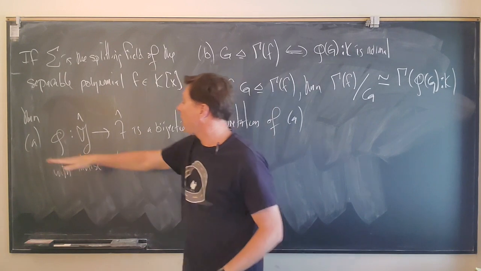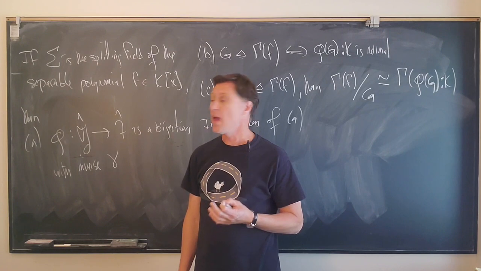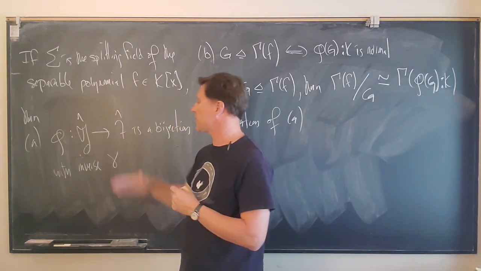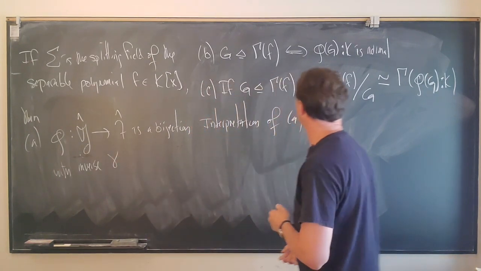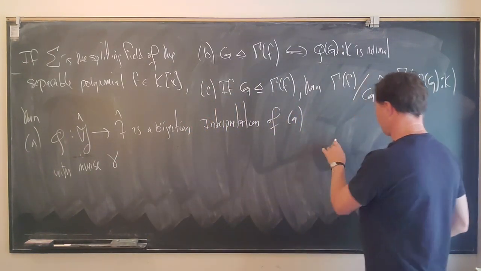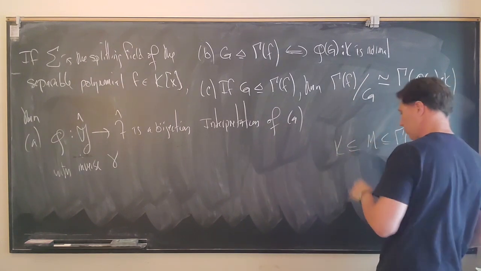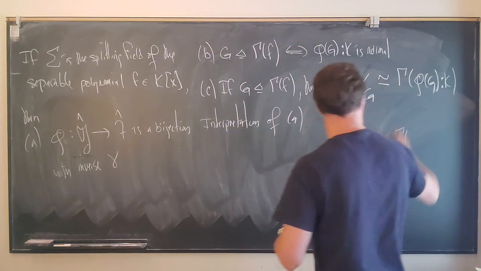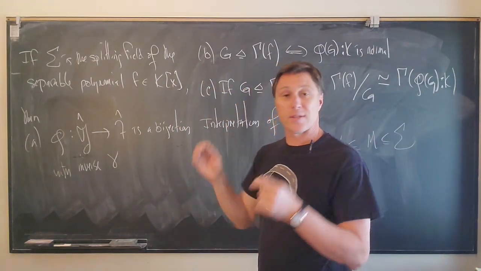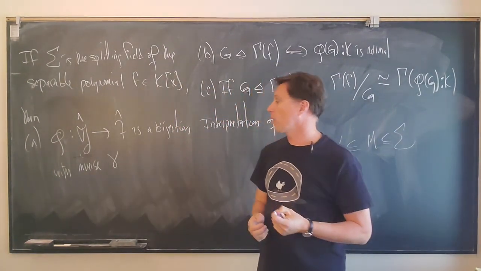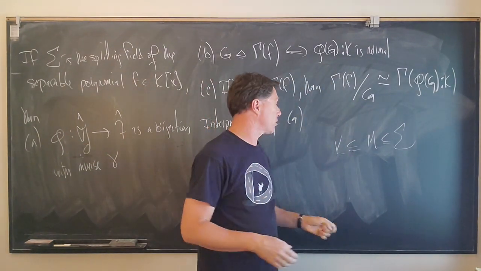We have the set of all subgroups of the Galois group of F. And we then have this one-to-one correspondence between the set of subgroups and the set of fields that lie in between K and sigma. So there's this correspondence, that's the Galois correspondence, between subgroups of the Galois group and intermediate subfields of the extension.